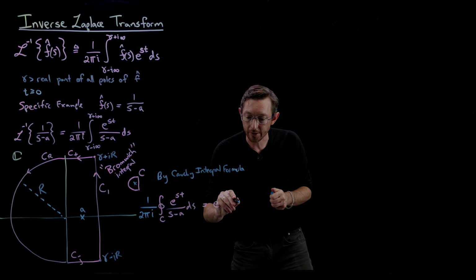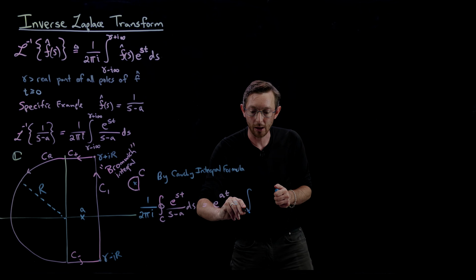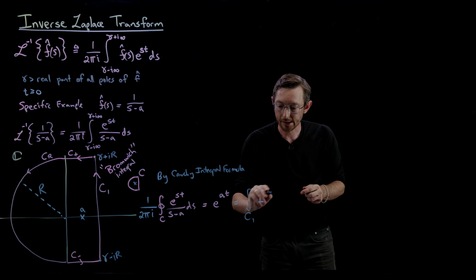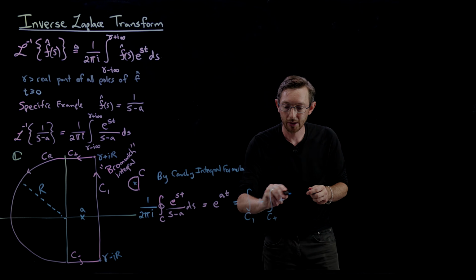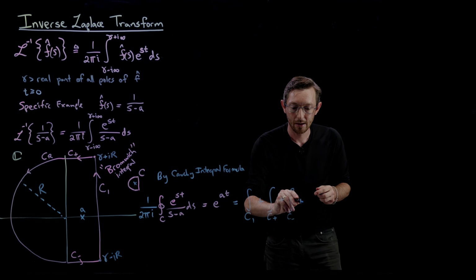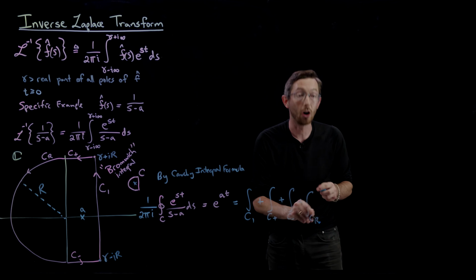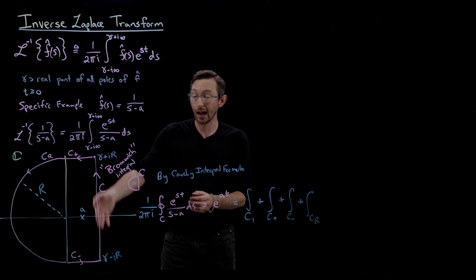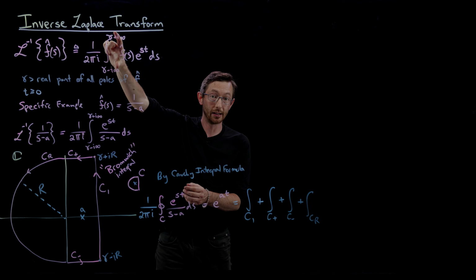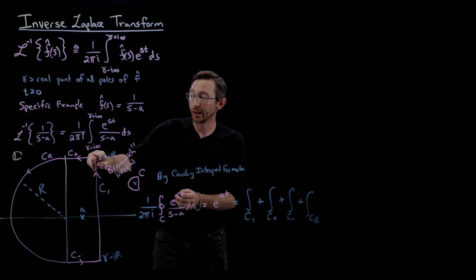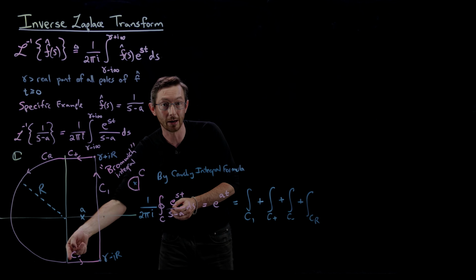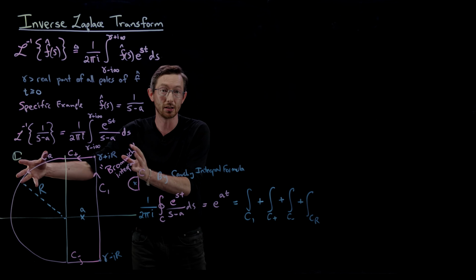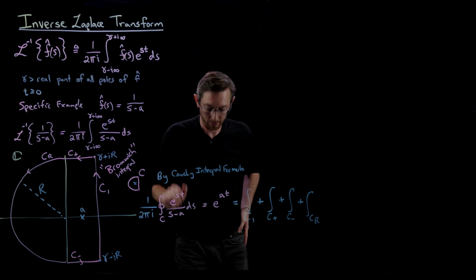And we know that this is equal to the integral of the thing I want, contour C1, plus the integral of C plus, plus the integral of C minus, plus the integral of CR. So this big Bromwich integral is the thing I want, the integral from gamma minus i infinity to gamma plus i infinity, plus this little positive segment, plus the big radius segment, plus my little negative segment. So it's 4 integrals that I've stitched into one mega Bromwich integral.